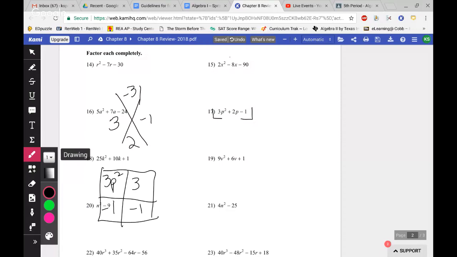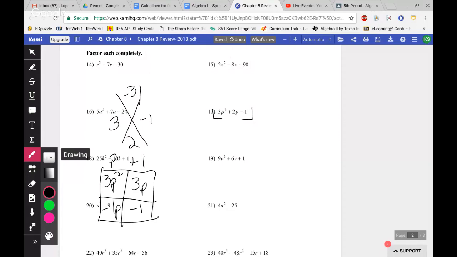So what can I factor out of a 3p squared and a -1p? P. And then 3p minus 1. Only thing I can factor out is a 1. And then 3p squared and 3p.